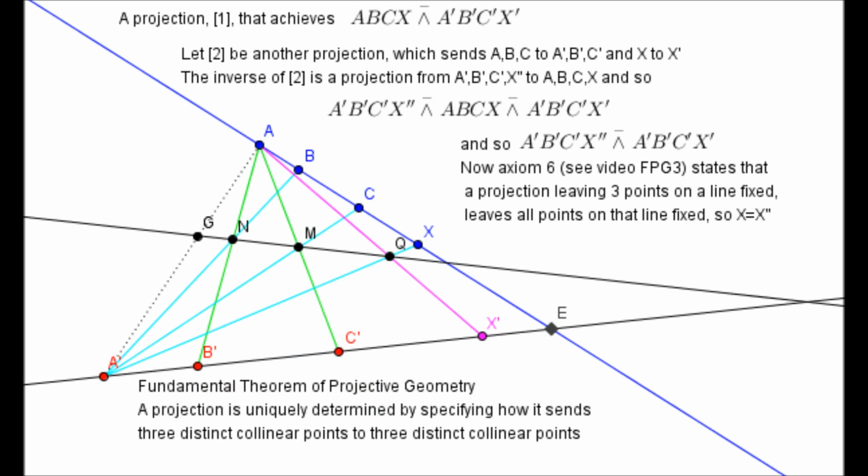Anyway, we've just shown that for any projection which sends A, B, and C on a line to A', B', and C' on a line, the way that projection works on any other point X on the line, the way it sends it to an image is pre-specified.